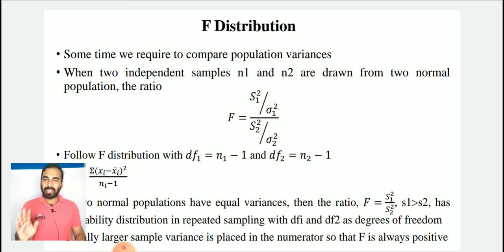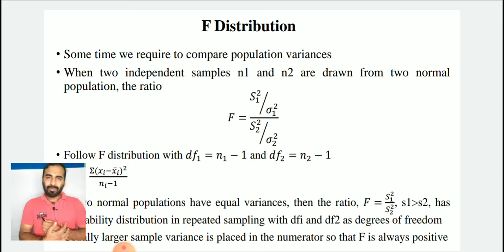So the f-test, which was developed by Fisher, is mainly used to compare two population variances, not the mean. To compare two different means, we use z-test or t-test depending upon the conditions. But here we are going to use the f-test to compare two different population variances.